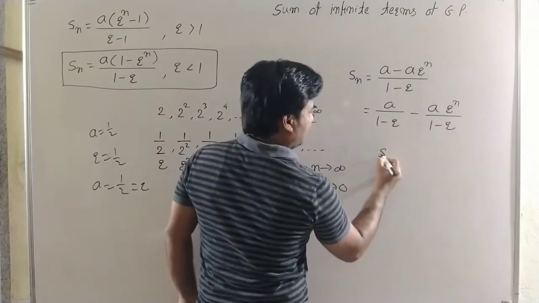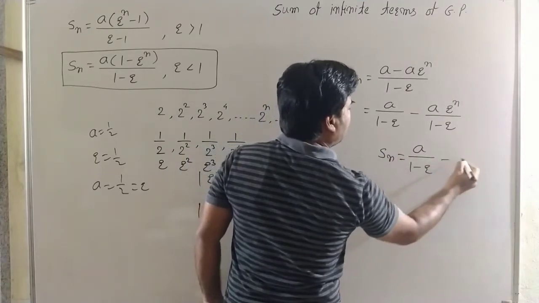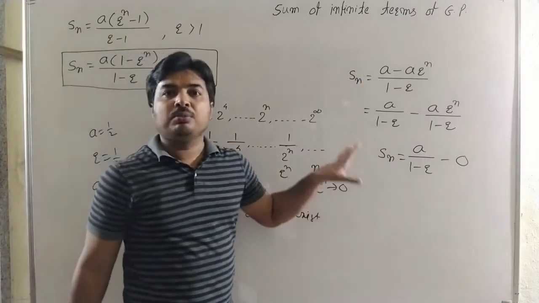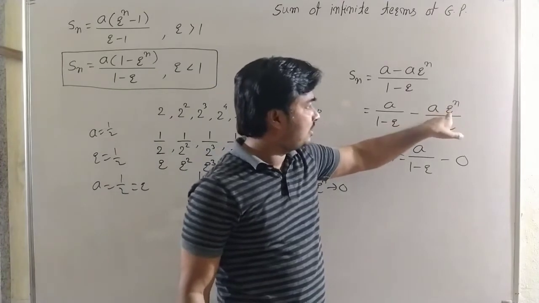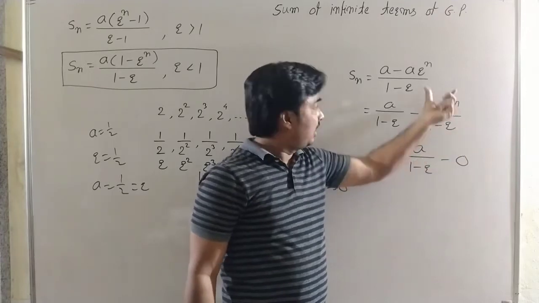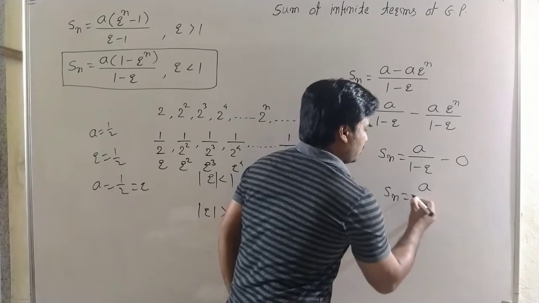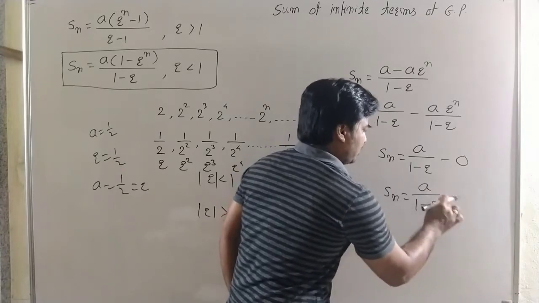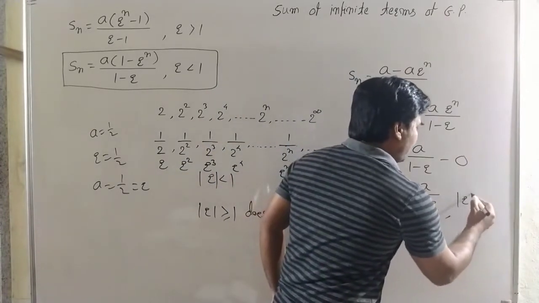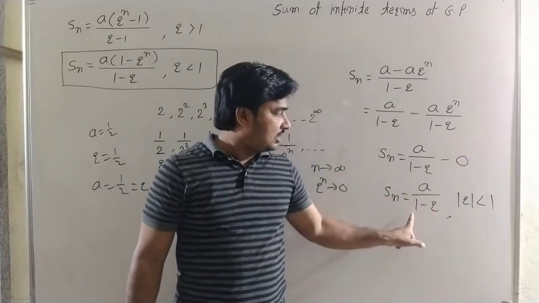Then Sn is equal to a upon 1 minus r minus 0. For the sum of infinite terms, r to the power n becomes 0, so a into 0 is 0. This term becomes 0, and that is the formula for the sum of the infinite terms when the condition mod r less than 1 holds. It is the condition for the geometric progression.